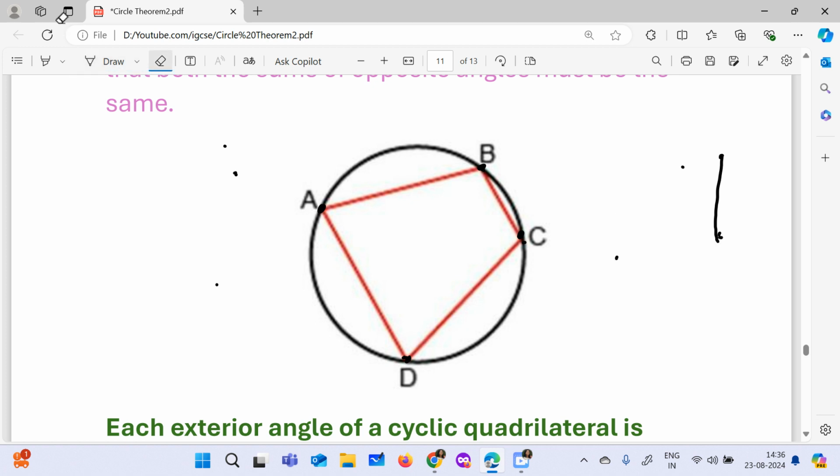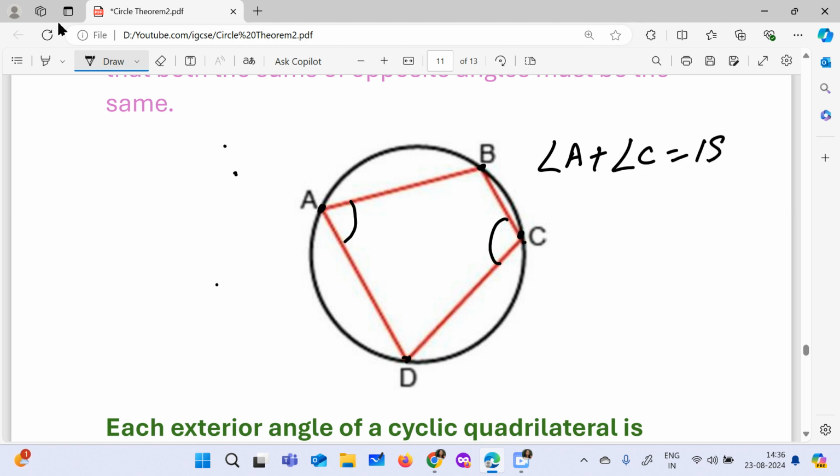It says that the sum of the opposite angles is always 180 degrees. So angle A plus angle C is equal to 180 degrees. Angle B plus angle D is equal to 180 degrees. Is this clear to you? Okay. Now, suppose I say this is 70 degrees, then what will be the measure of this angle?